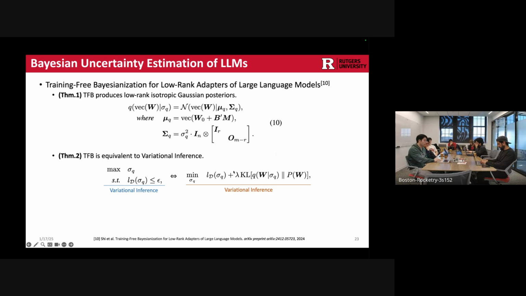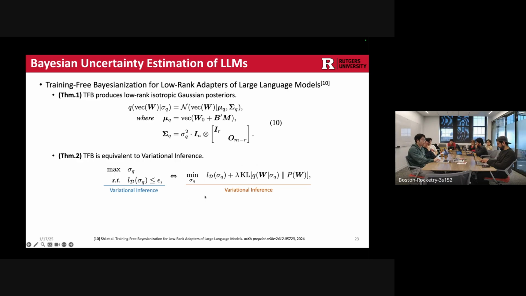So this is the original variational inference training objective that we have. You can think of this as a Lagrange multiplier form of the training objective, where you have the main data likelihood you would like to maximize, and you have the complexity penalty or the KL regularizer here as a soft constraint.